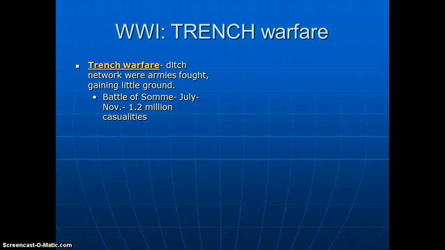One of the most popular battles with the trenches is the Battle of Somme, which lasted from July to November. And we call trench warfare a stalemate because there was such a huge amount of casualties. However, not much land was ever gained from trench warfare.